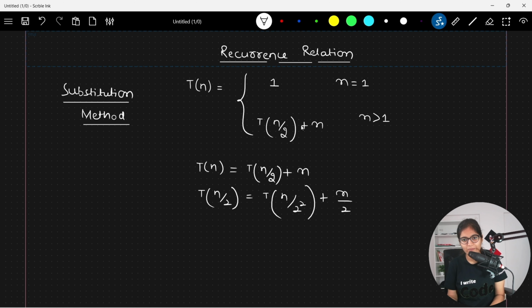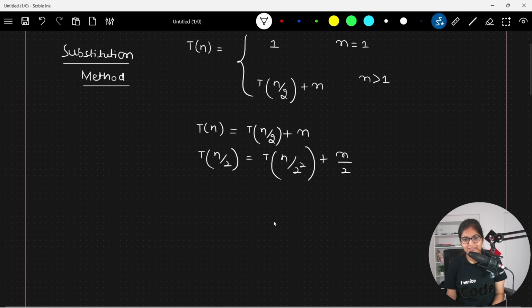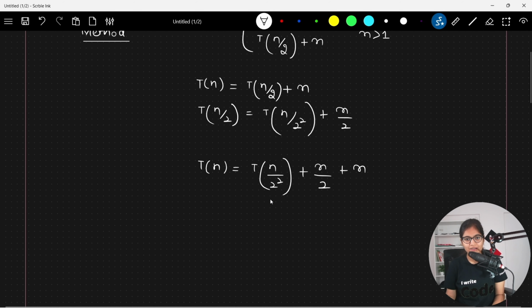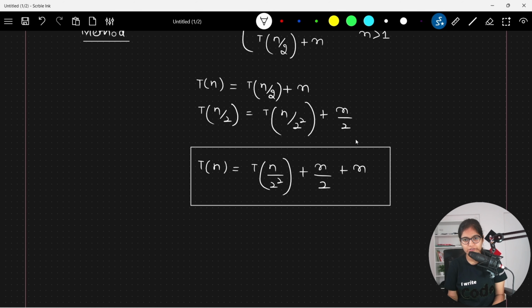By seeing the above pattern, I am substituting the value for T(n/2). Now it means that T(n) is equal to T(n/2^2) + n/2 + n. That's what we are getting when we substitute for the second time.